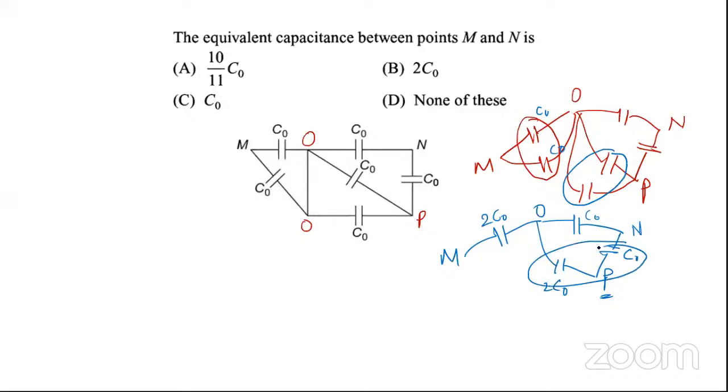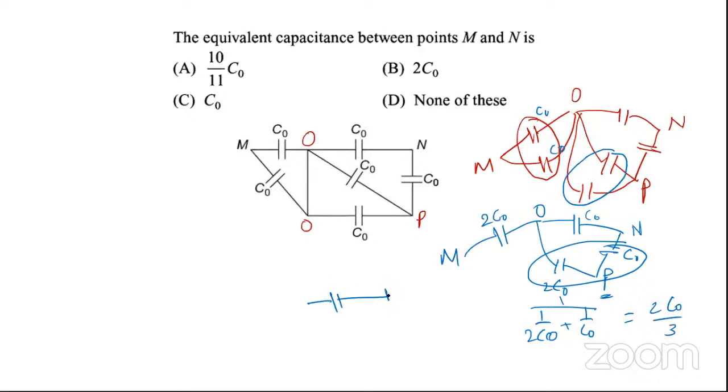So these both of them will become in series. So that will become 1 by 2 C naught, this 1 by C naught, and reciprocal of this will give us 2 C naught by 3.